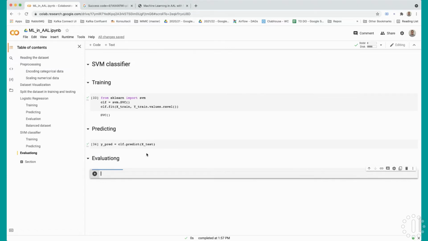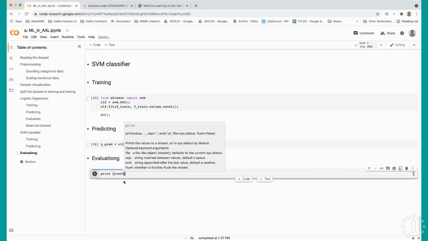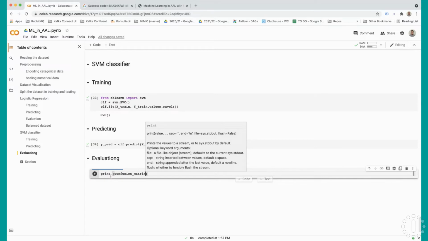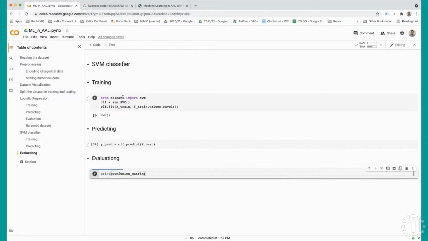We can first print the confusion matrix. This is a function from scikit-learn metrics that will create a confusion matrix so that we can see how many true positives, true negatives we have, etc.